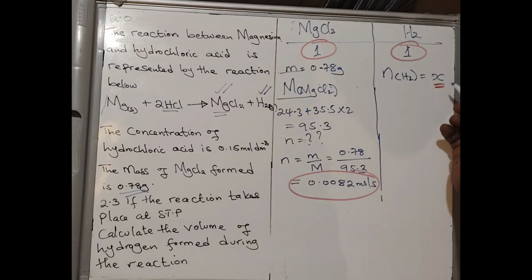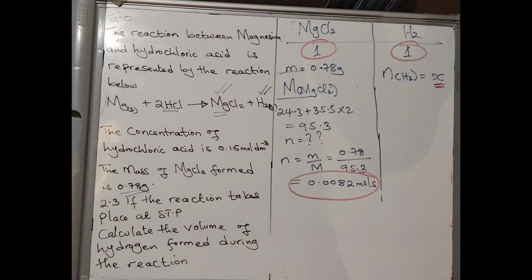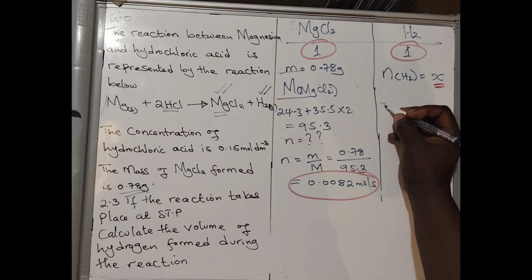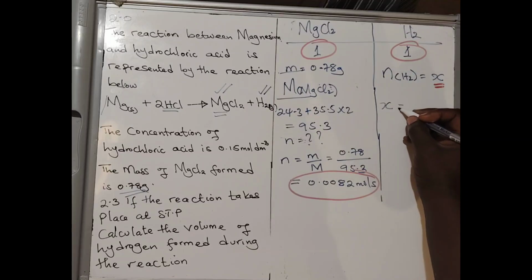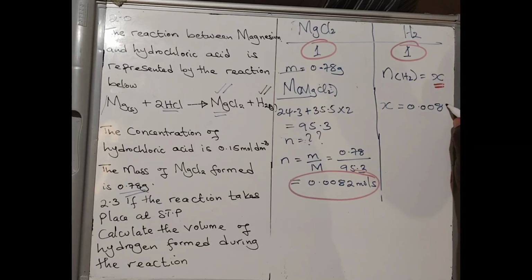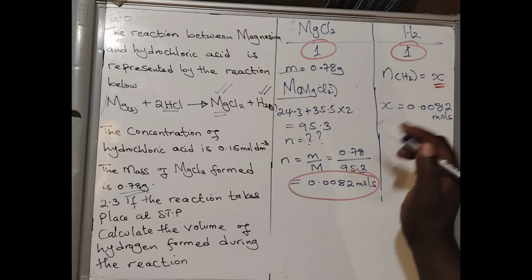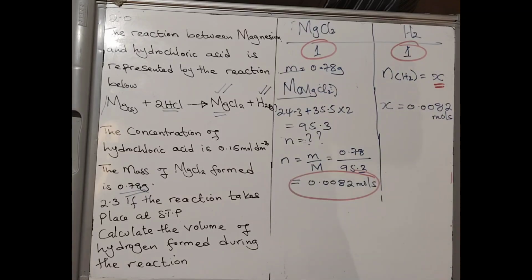So when you cross multiply, what do we get? It's 1 to 1, so you don't even have to do it. X is going to be the same as this one, which is 0.0082 moles. Okay, those are the number of moles of hydrogen which is formed.